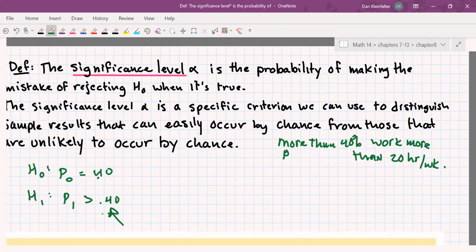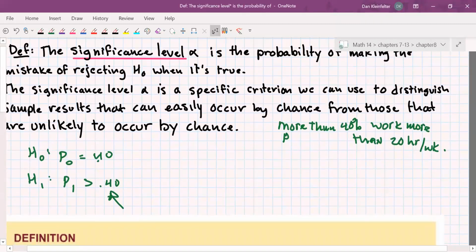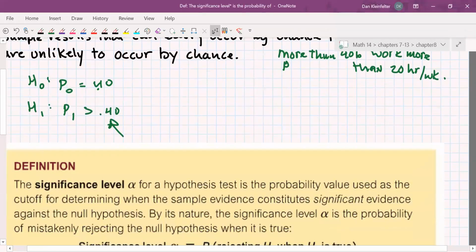Because due to sampling variability, we might get a sample that supports our claim, and we might get a sample that does not. So if we set our alpha to be low, like 0.05 or 0.01, then that means our probability of mistakenly rejecting H0 is low.